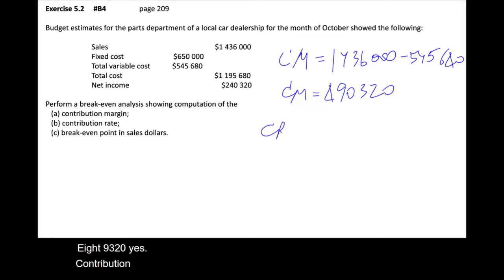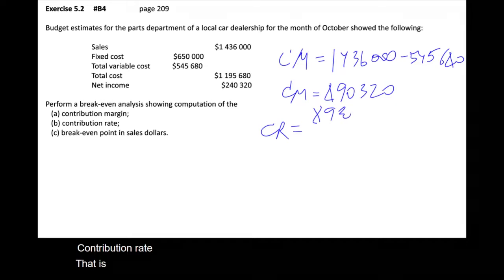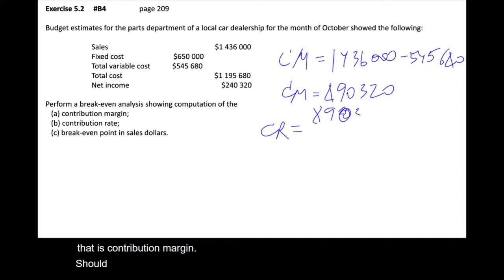Contribution rate, that is contribution margin over sales, should be 0.62, 62%.